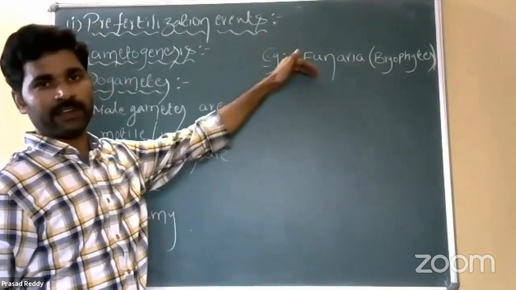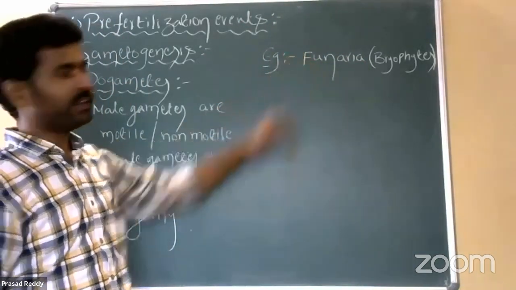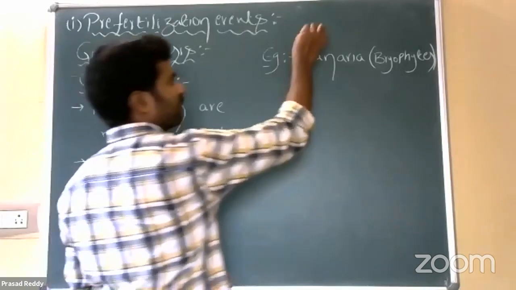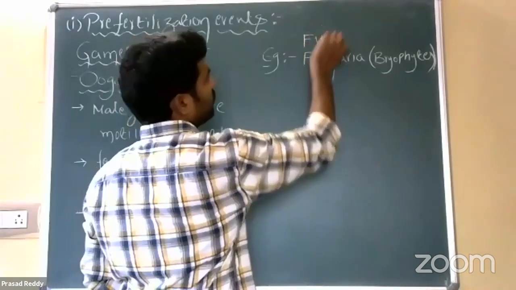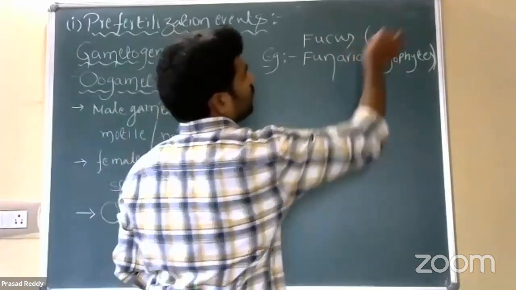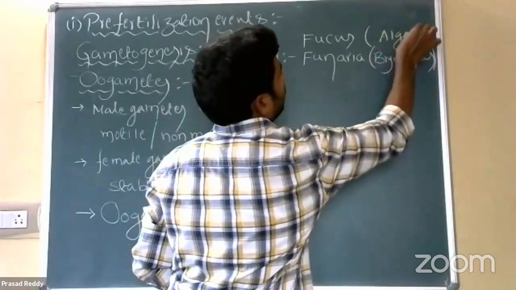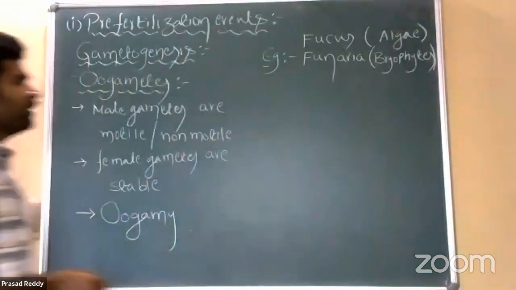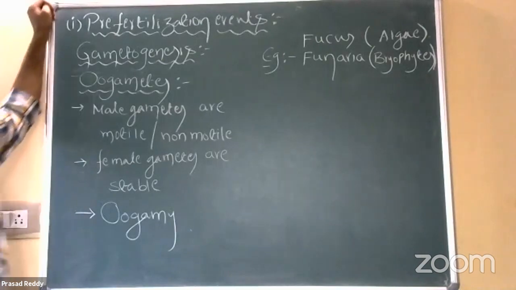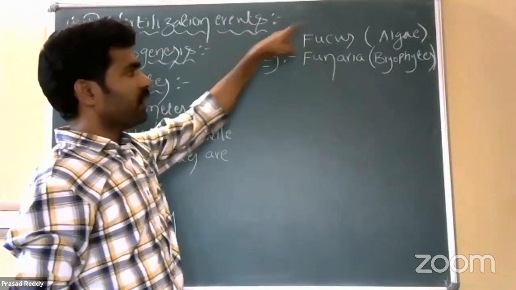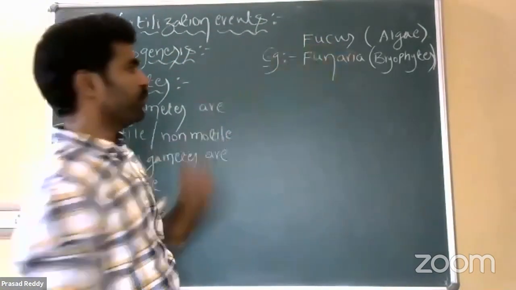Better to take funaria. Then fucus, one of the algal members. That algal member fucus also exhibits oogametes, right? Fucus, algal member; funaria, bryophyte.